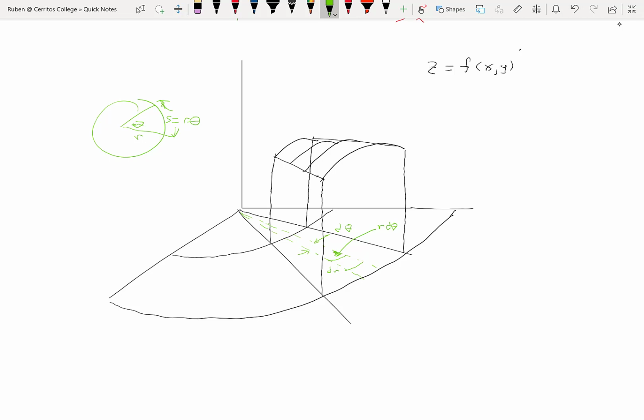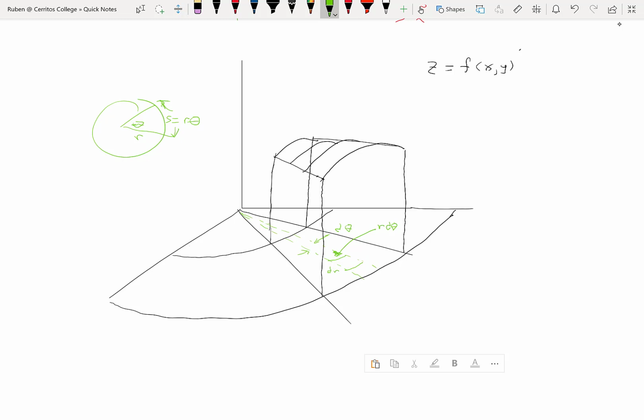Okay, so the area, and this is where it gets a little interesting. The area of this little tiny polar rectangle that I have, and it's not a real rectangle, it's approximately rectangular. The two opposite edges in the r direction are not parallel, and the other edges are little pieces of a circle, but they're so small that they're approximately linear.